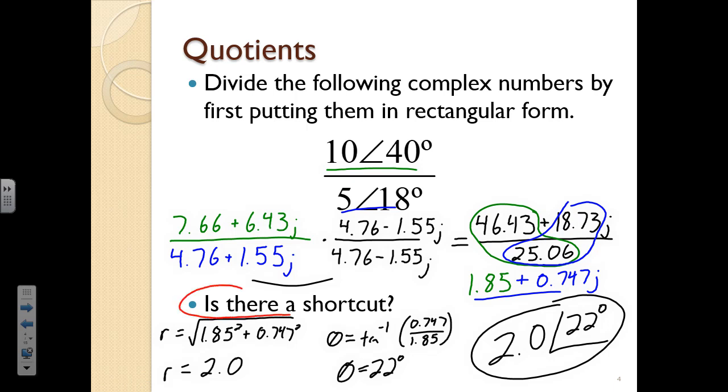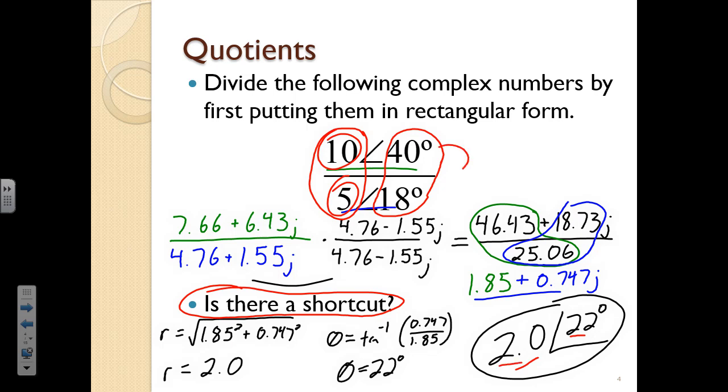Is there a shortcut here? Could we have done that more simply? Let's see. We started out with 10 divided by 5, and we got 2. And 40 degrees minus 18 degrees, and we were left with 22 degrees. Yep. When we're dividing, you can just take the top magnitude and divide by the bottom magnitude, and you get your new magnitude.